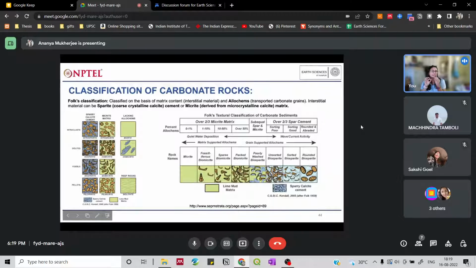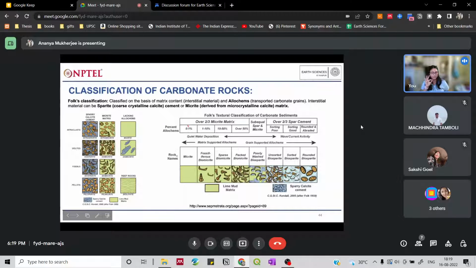These grains can be shells, and they can be previously deformed calcium carbonate grains also. These are called allochems. So if you have very few allochems, that is the coarse calcite grains, then you will have micrite.